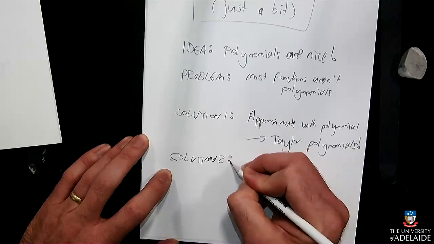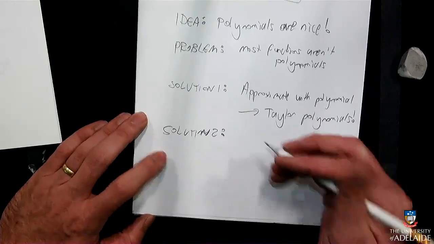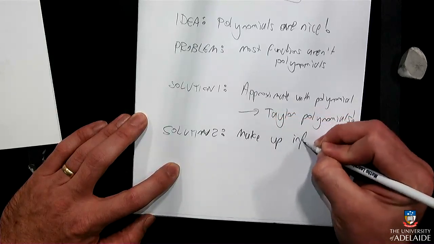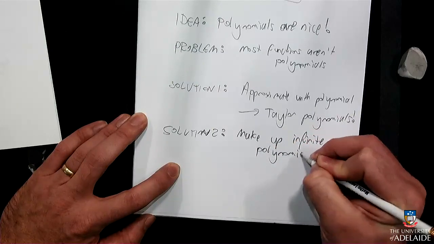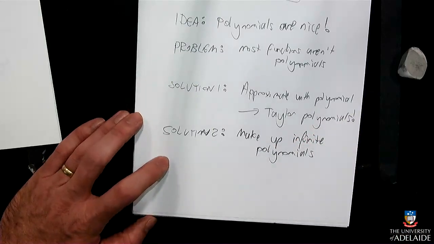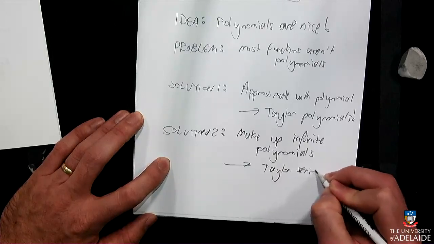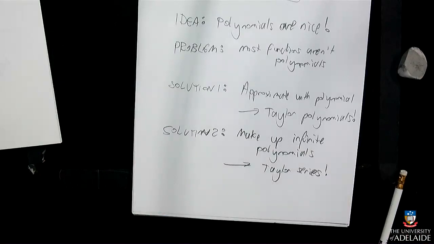Solution two is create a new kind of thing which is like a polynomial, but isn't. Make up infinite polynomials instead, and that's Taylor series. And those are our two solutions to the problem that polynomials are nice, but functions aren't polynomials.